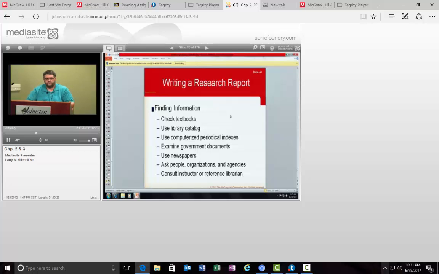APA style, for example, is for psychology, and it seems like every discipline has something unique to the way they want this information presented. When you get to this point of writing a research report, the space in journals is very precious and limited. So many times something unusual will garner more attention than something that's very common.